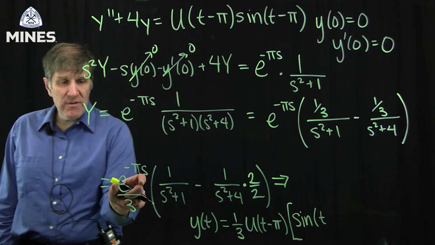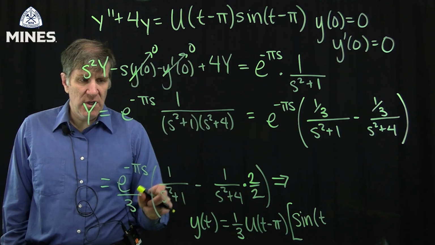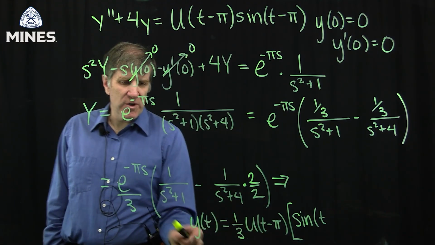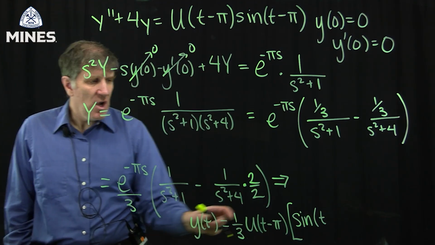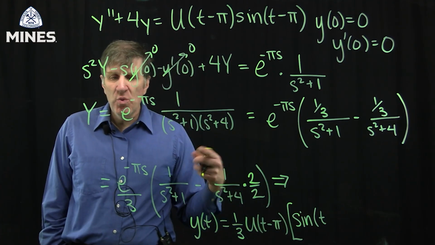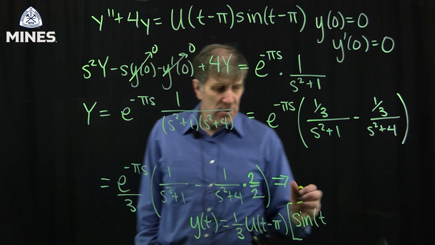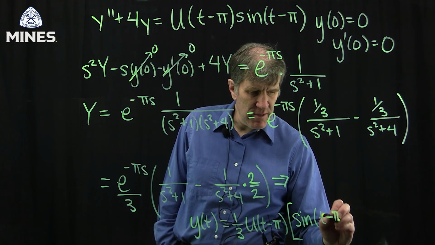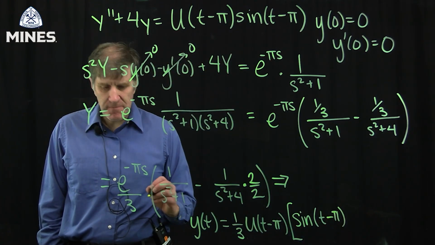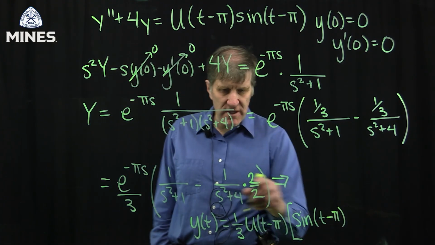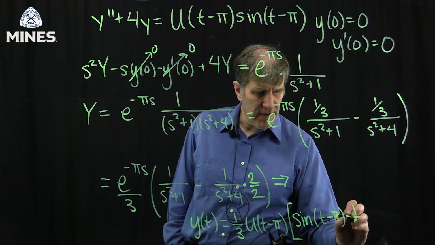Now, remember, when we have the exponential times the function, the exponential becomes the step function, and when we do the inverse, we have to replace t with t minus pi. So sine of t minus pi instead of just sine of t. And then we have this minus 1/2.